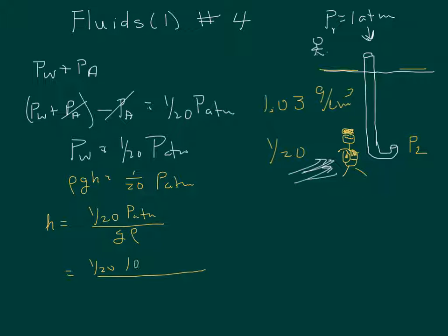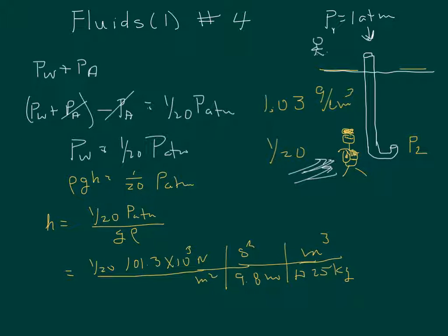Pressure of an atmosphere is 101.3 times 10 cubed kilopascals, 10 cubed newtons per square meter. g is 9.8 meters per second squared. And rho is 1,025 kilograms per cubic meter. That is equal to 0.5 meters.